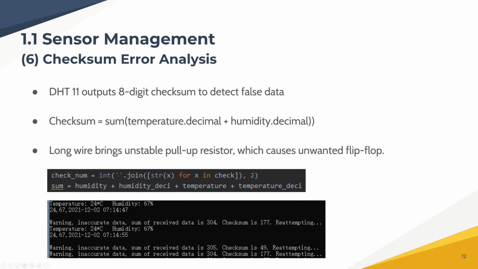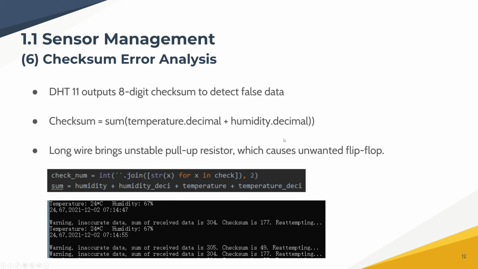And for the checksum errors, we have found that we are having multiple checksum errors because it looks like this. The sum of the received data is 304, but the checksum is 177, which means that this data has violated the checksum rule, and we have to discard it.